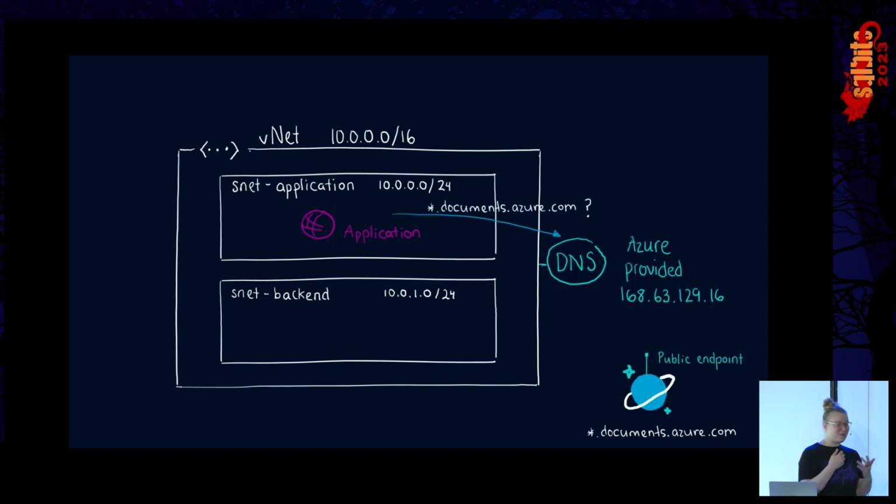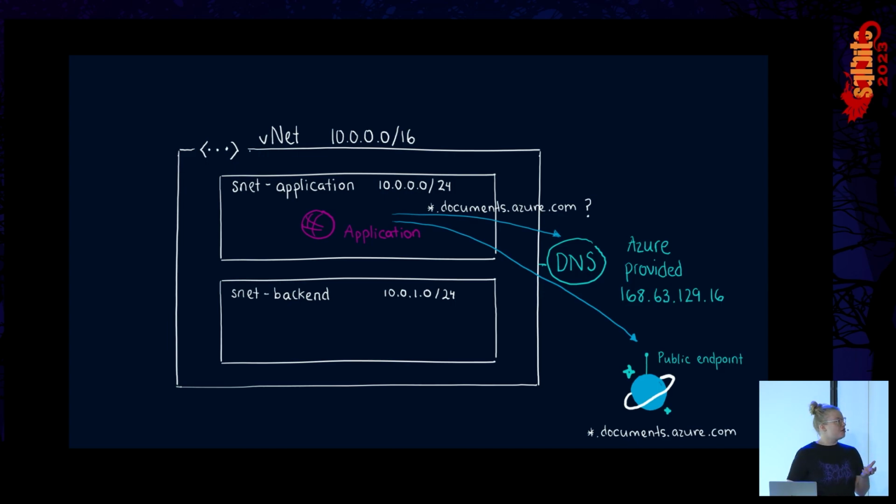So when our application goes out and says, hey, I want to know where I find this documents.azure.com with your specific name in it, it goes to the Azure-provided DNS first, and that routes it to the public DNS services. And then we get back the public IP address of our service, and we're able to connect to the public endpoint of that service.